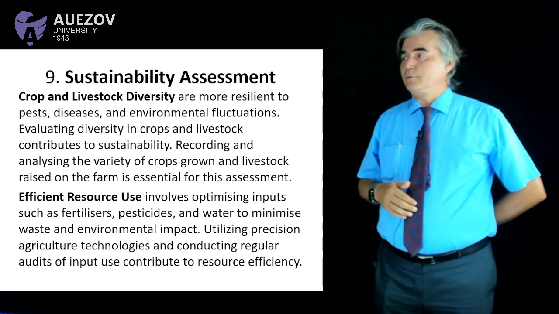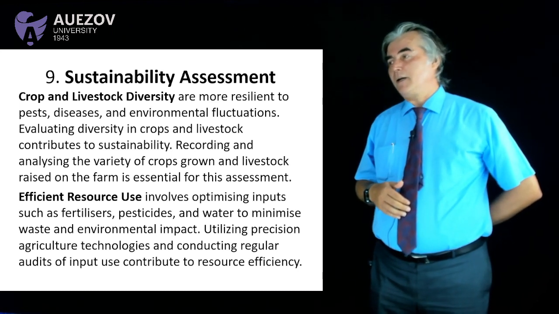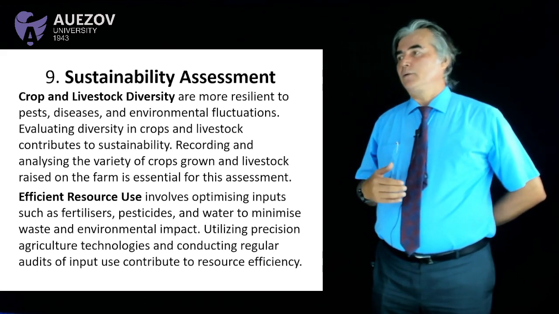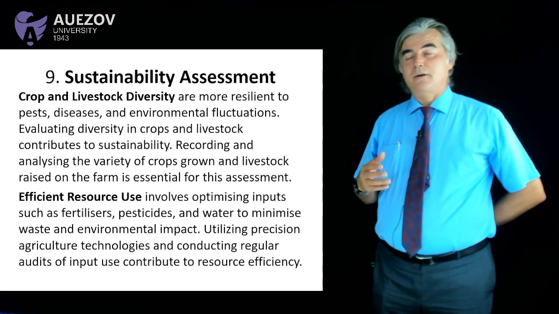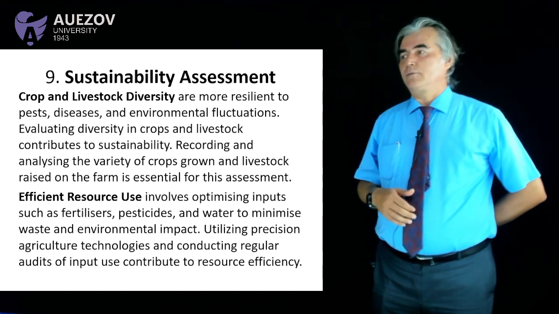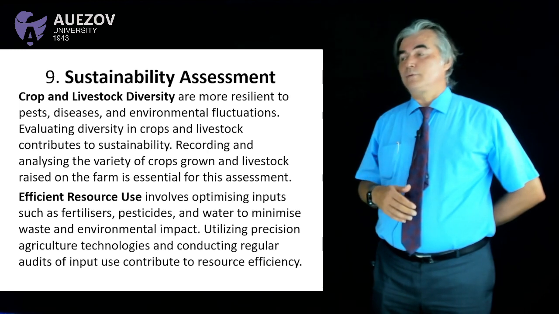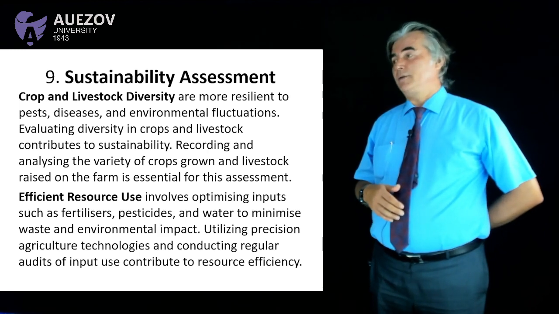Efficient resource use means optimizing inputs such as fertilizer, pesticides, and water to minimize waste and environmental impact. Utilizing precision agriculture technology and conducting regular audits of input use contribute to resource efficiency.